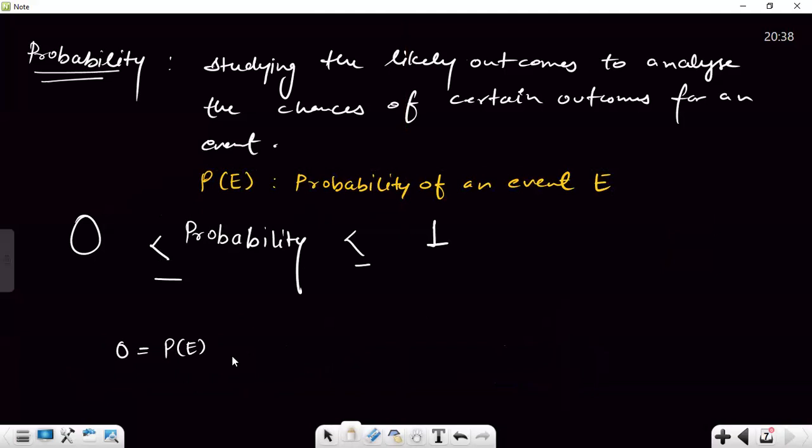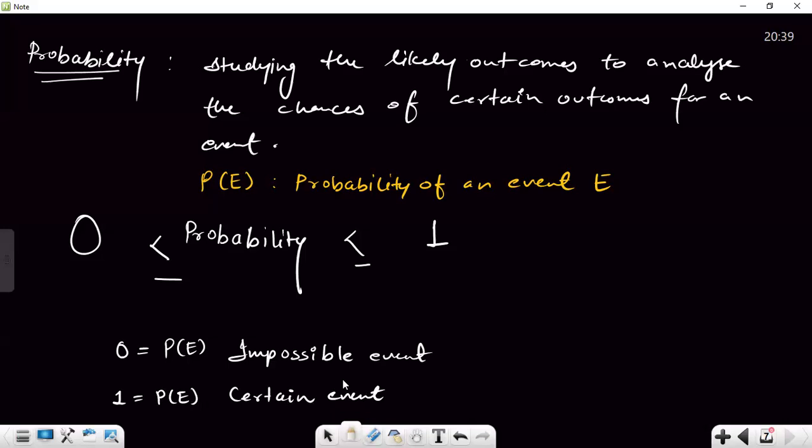Impossible event means that it is never going to happen. It is an impossible event which can never happen.